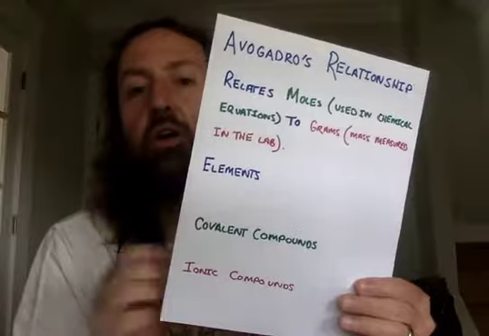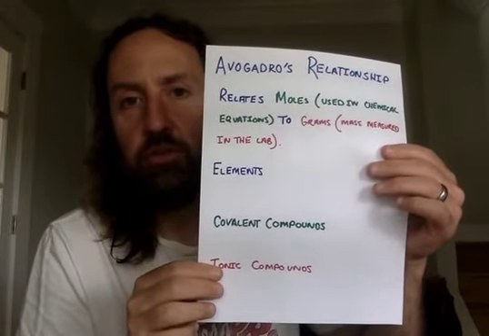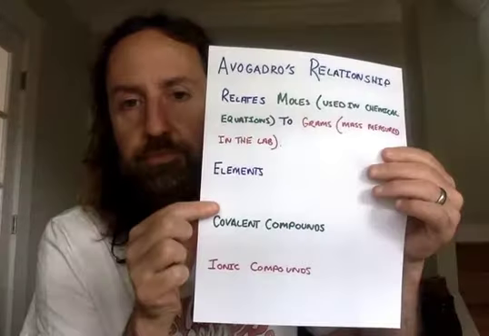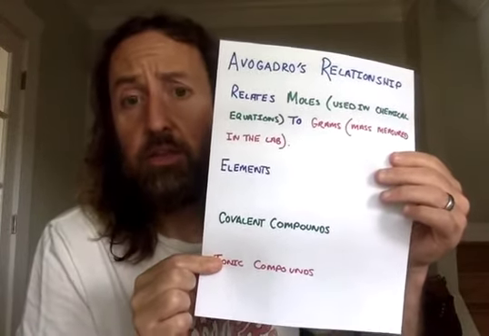So there are 3 different ways the relationship goes: elements, covalent compounds, and ionic compounds. Now, let's see here. I'm going to use carbon as my element. And so 1 mole of carbon.